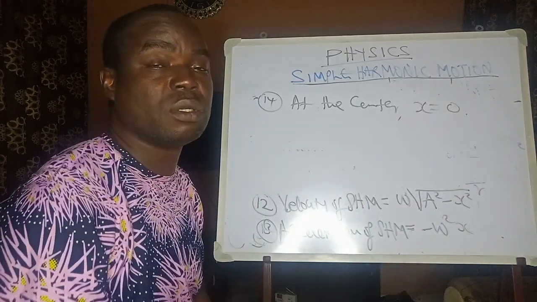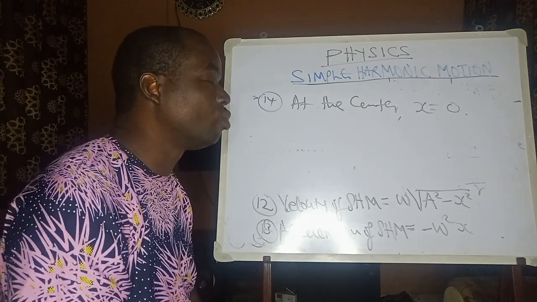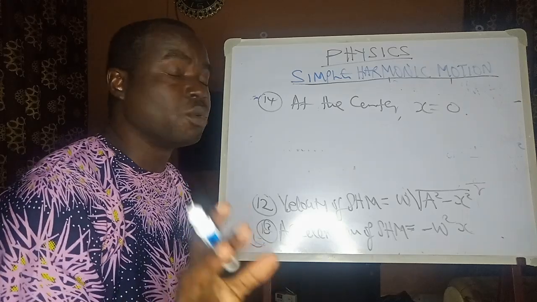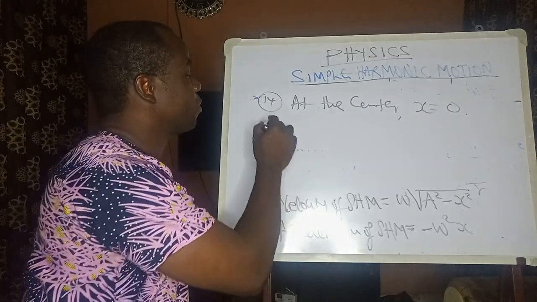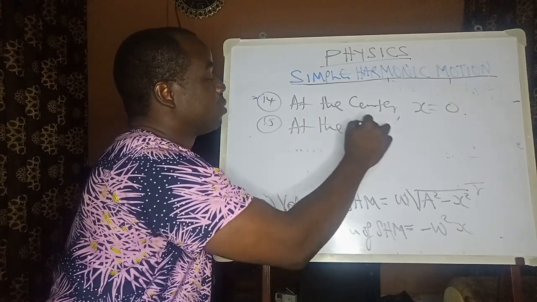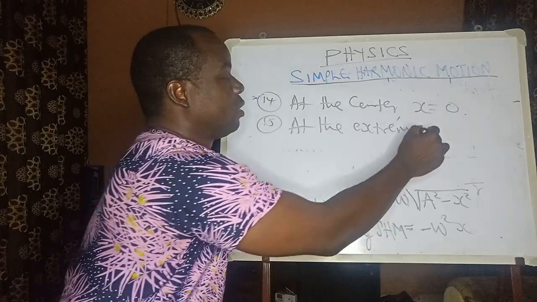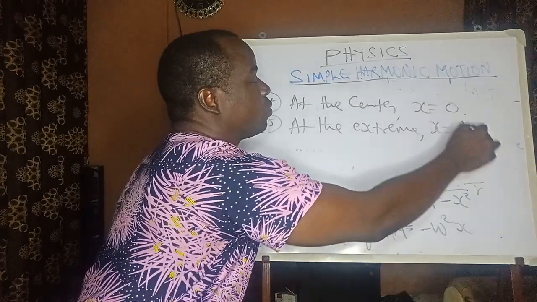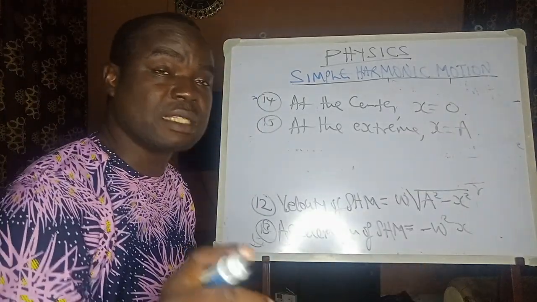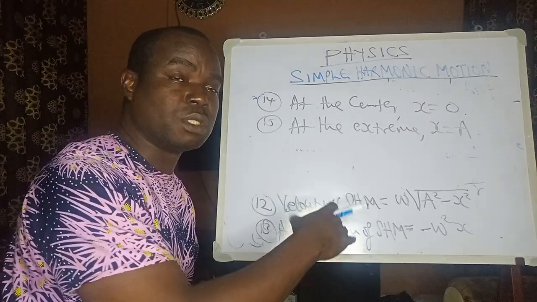Center can be said to be middle. So at the center or middle, x is equal to 0. Now, when you hear at the extreme, x will be equal to a. Remember that a is amplitude. So at the center, at the extreme, I'm going to bring you back to this much later when we start our calculations.